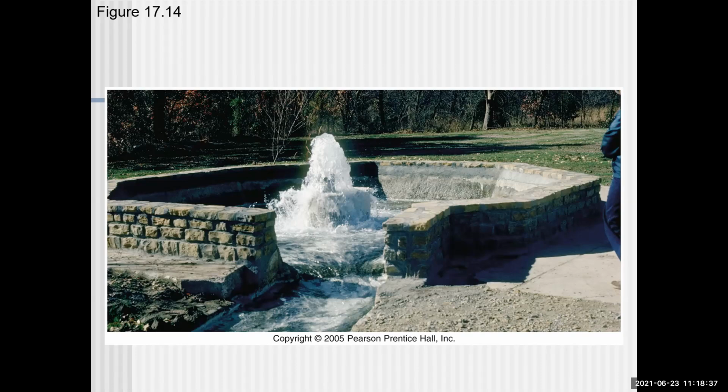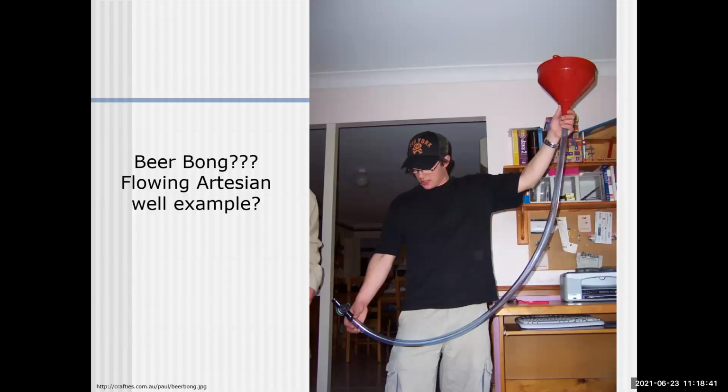Another great analogy for an artesian well is one of these things. I've read about these things. Not exactly sure what's going on here, but from what I read, this is something referred to as a beer bong. What you do with this device, evidently, is you take the beverage and pour it into this tubing, and fill that tubing with your beverage.